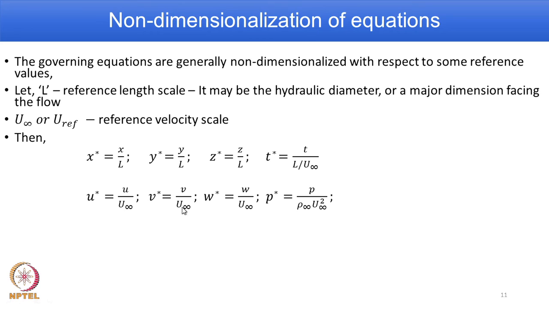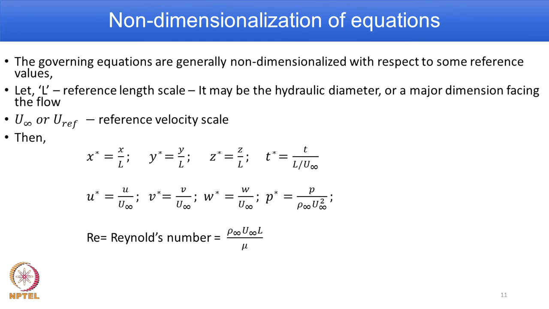You can extend this to get v star and w star, and pressure is also another term appearing, and pressure is related to u infinity squared, and you define a reference density. If you take the unit of density and velocity squared, then you find the product of them has the same unit as pressure. So, you are able to non-dimensionalize the pressure term: P over rho infinity u infinity squared will result in P star, which is the non-dimensionalized pressure.